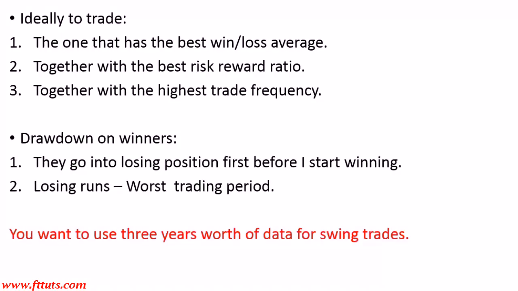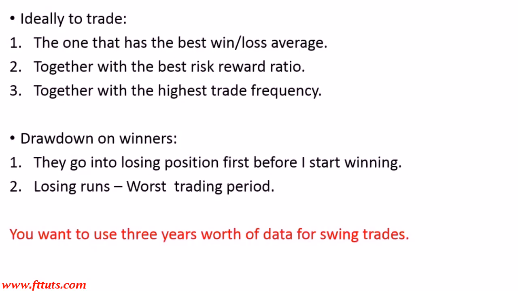Ideally, to trade, you want the one that has the best win-loss average, together with the best risk-reward ratio, together with the highest trade frequency. This is the ideal strategy. The best win-loss average doesn't have to be 80% or 90%, but it should be the best.